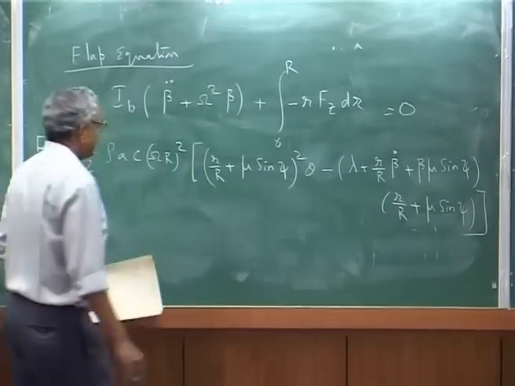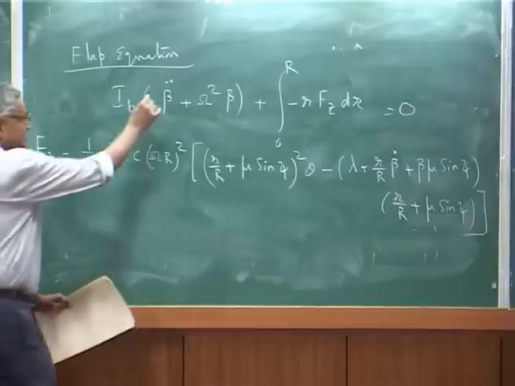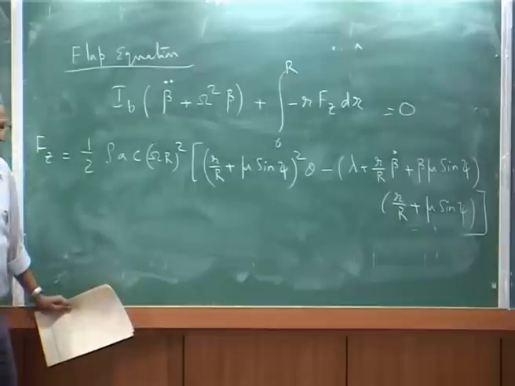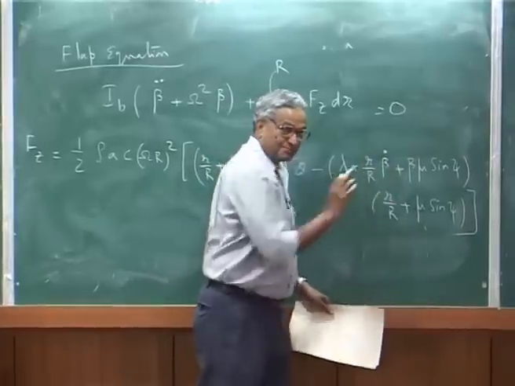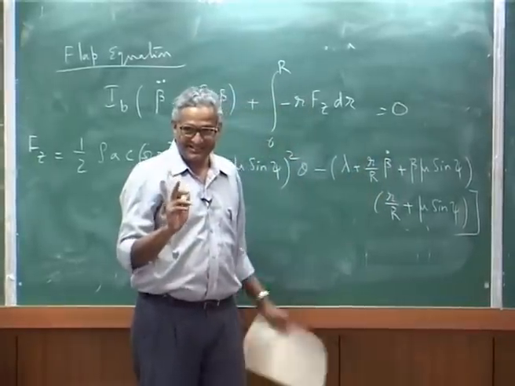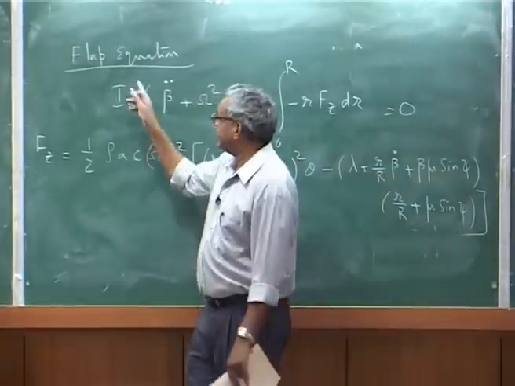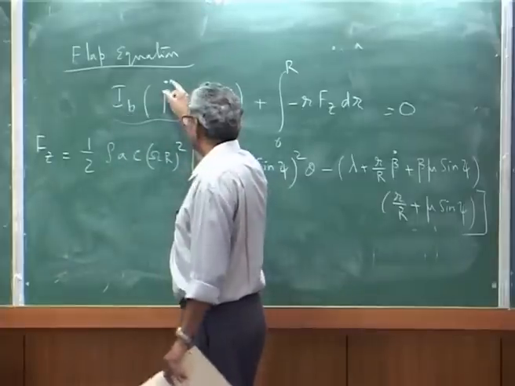Now what I am going to do is, here these dots are derivatives with respect to time. Here I have written this dot also, which is the derivative with respect to psi. Please understand, this is non-dimensional, whereas this is dimensional. So we will replace this also.